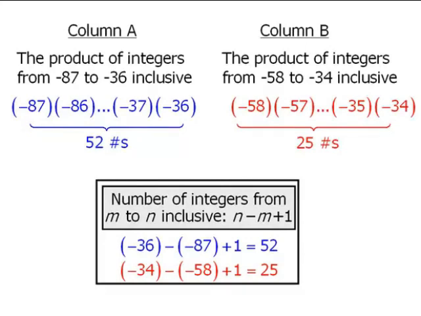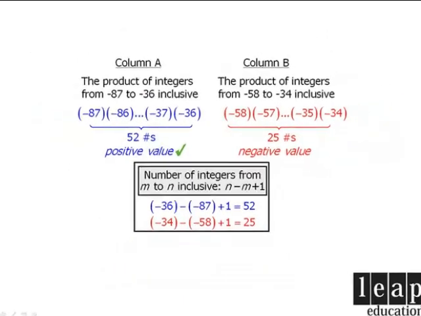So in column A, we are multiplying an even number of negative values. So our product will be positive. In column B, we are multiplying an odd number of negative values. So our result will be negative. So as you can see now, column A must be greater than column B, which means our answer is A.